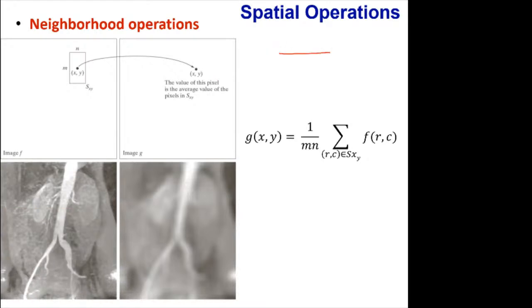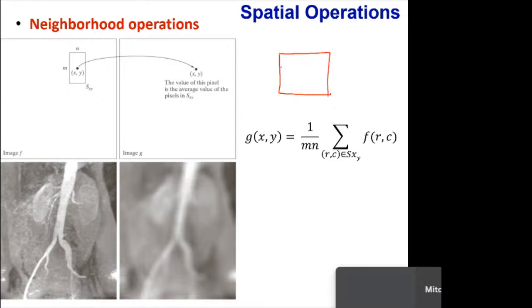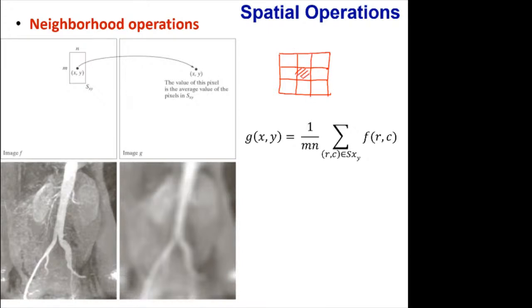So suppose this is the, again I am making it to explain you what is neighborhood operation. I am considering this particular pixel, and coordinates of this pixel is x, y. For this purpose, I am considering a neighborhood.